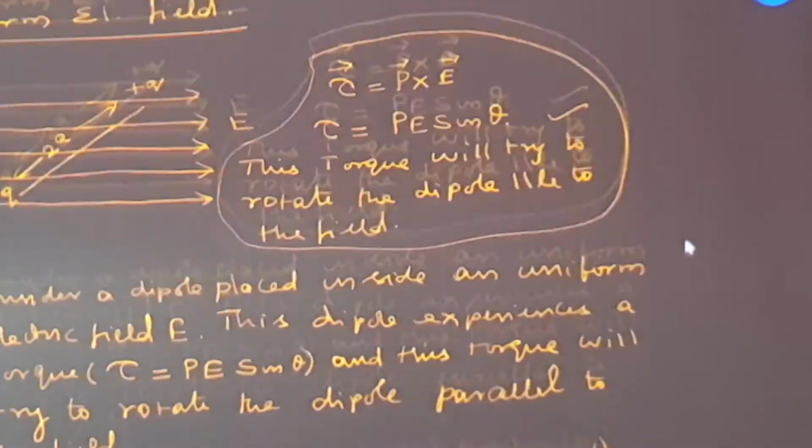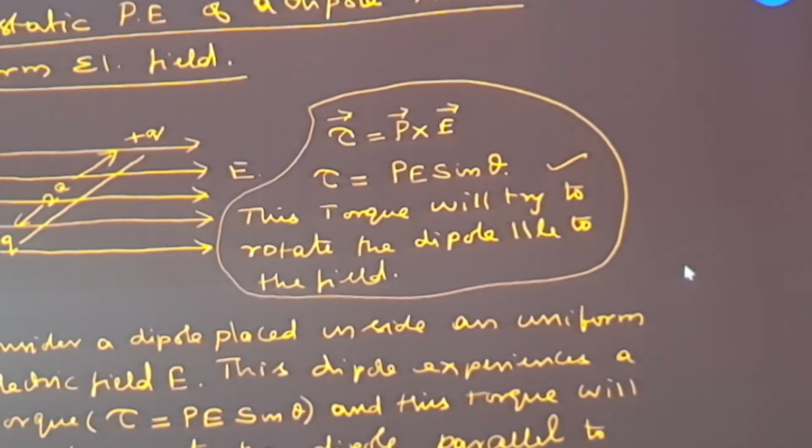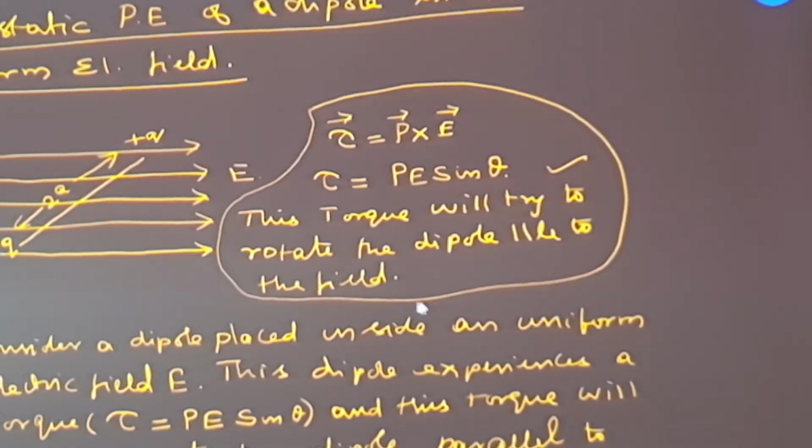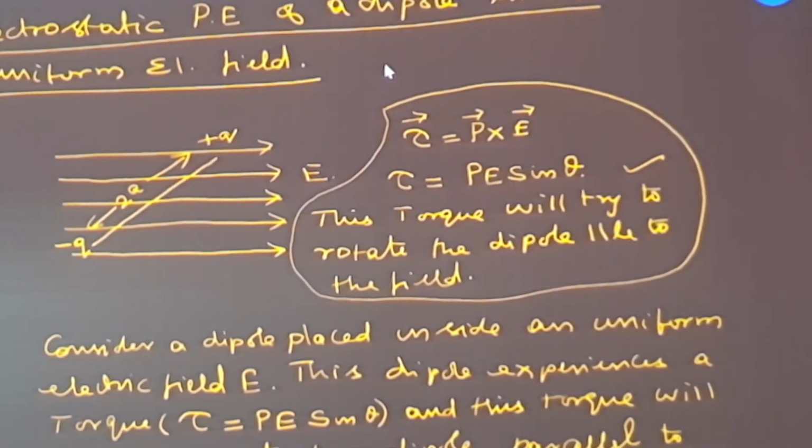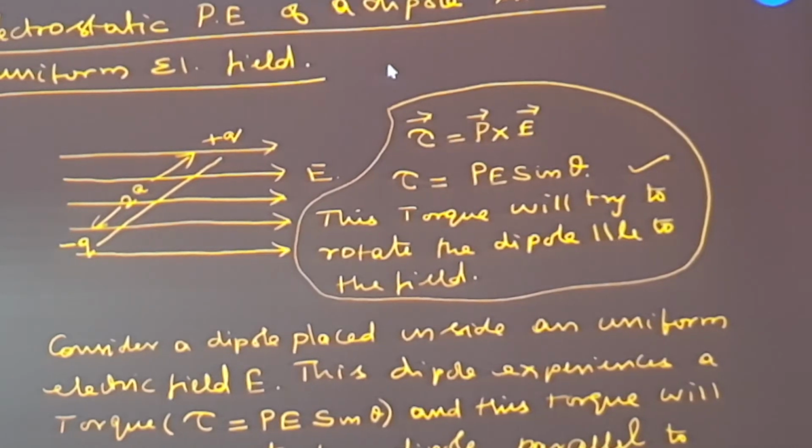In order to study electrostatic potential energy of a dipole in a uniform electric field, you just consider a uniform electrical field E, represented by drawing parallel lines. Inside this, I have placed an electrical dipole having minus q at one end, plus q at the other end, separated by a distance 2a.